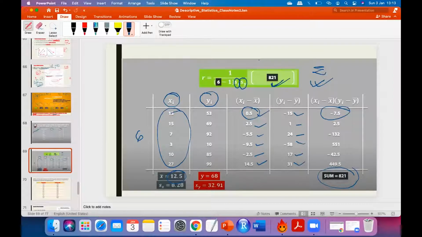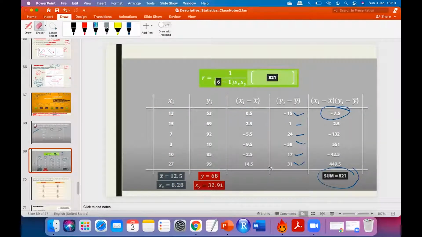Find out what is the value of R quickly. 0.602.